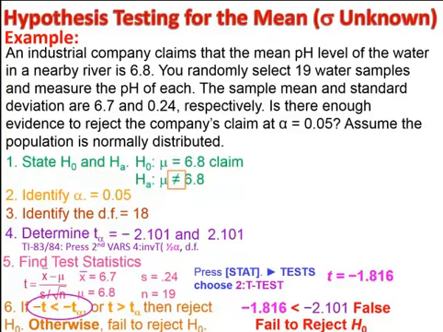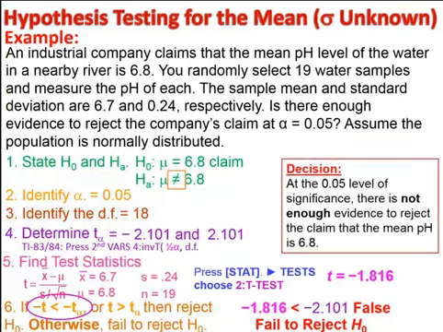And because I fail to reject and my claim is on the null hypothesis, the decision in this case at a 0.05 level of significance is there is not enough evidence to reject the claim that the mean pH is 6.8. When the claim is on the null hypothesis, you're going to be using that word reject. If the claim is on the alternative, you'll be using the word support.